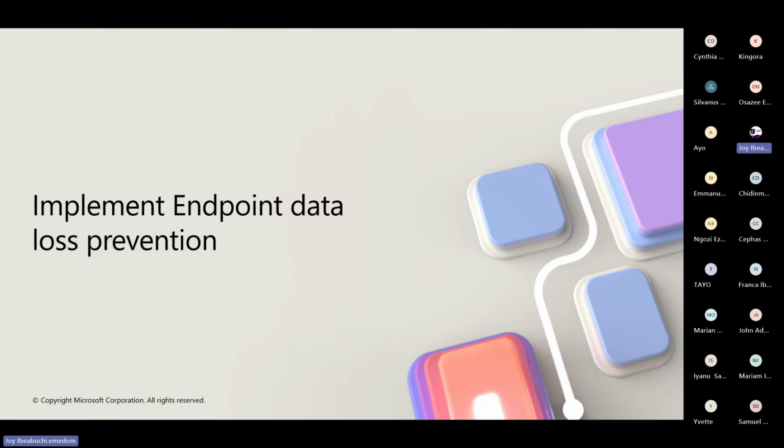Now we'll extend our DLP to endpoint. When we say endpoint, we're referring to your workstations, which is your laptops, your desktops, your mobile devices. And while we've been looking at documents, repositories, applications that we use to access documents, the endpoint itself is an entity and a repository on its own that keeps company data, right?